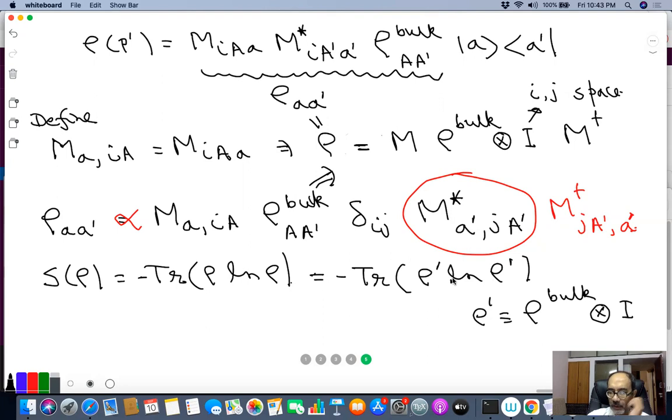Now it's straightforward to evaluate this. If you have a density matrix that is a direct product of two density matrices in two Hilbert spaces, then the entanglement entropy is the sum of the corresponding entanglement entropies. So this is given by minus trace of rho bulk log rho bulk, and then for the identity, that answer is minus, sorry, plus N C log 2.